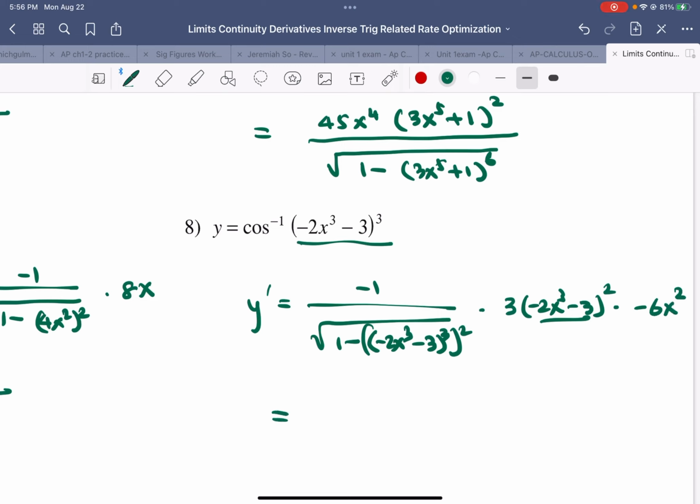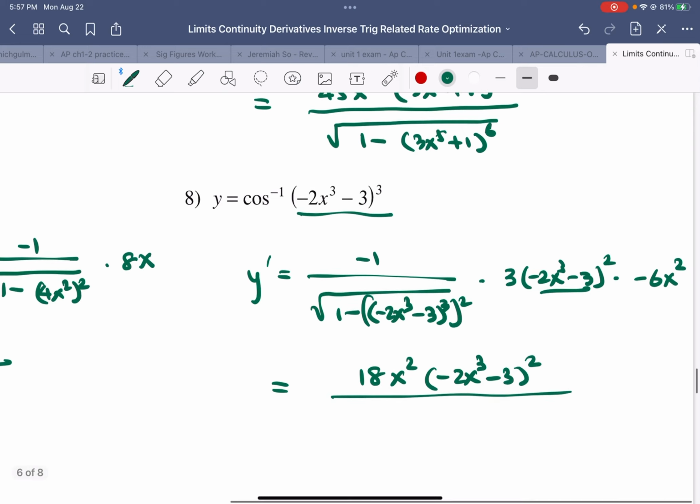Now, so when you simplify, 18x squared times negative 2x cubed minus 3 squared. I don't think we need to simplify that further on the numerator. And in the denominator, square root 1 minus. Also, you can leave it as negative 2x cubed minus 3, times 2 is a 6. Okay, so that will be your final answer.